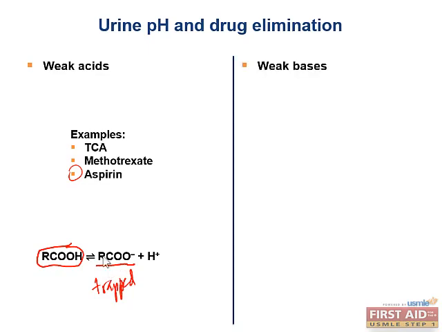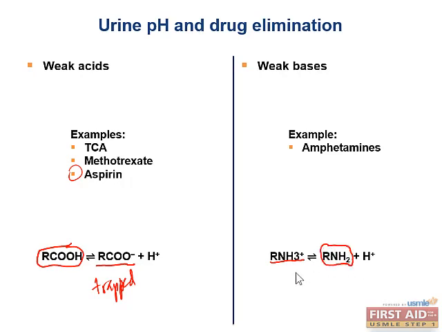Now, we can talk about weak bases. Weak bases are going to include amphetamines. Weak bases become ionized in acidic urine, as shown in this equation here. Here, weak bases become trapped in the ionized form. Here's the positive charge, weak bases. Here's our weak base, for example.